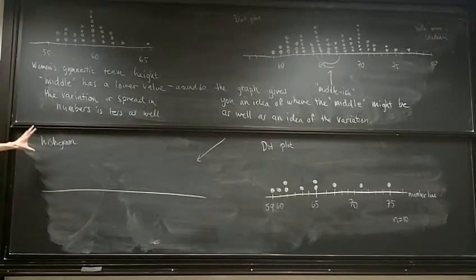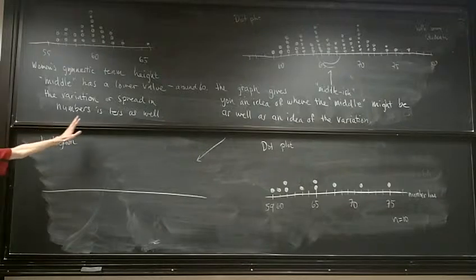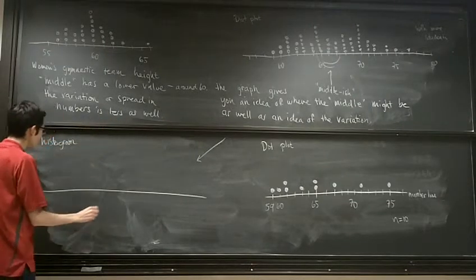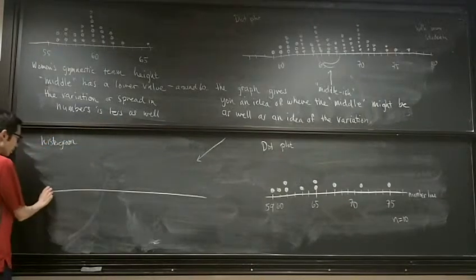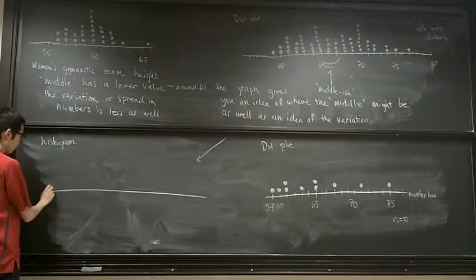Because we're still dealing with numeric data, we've got to put a number line across the bottom.